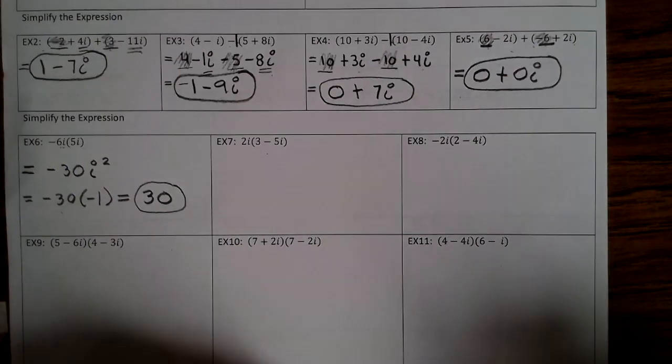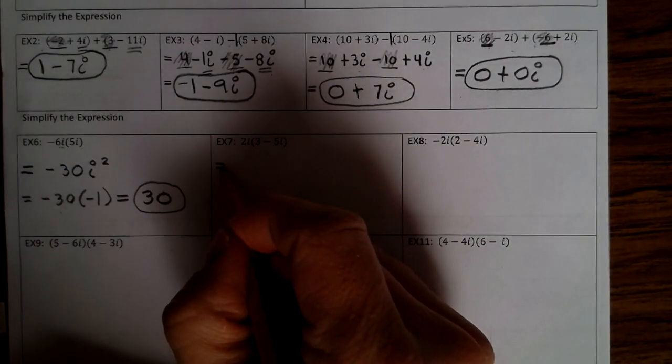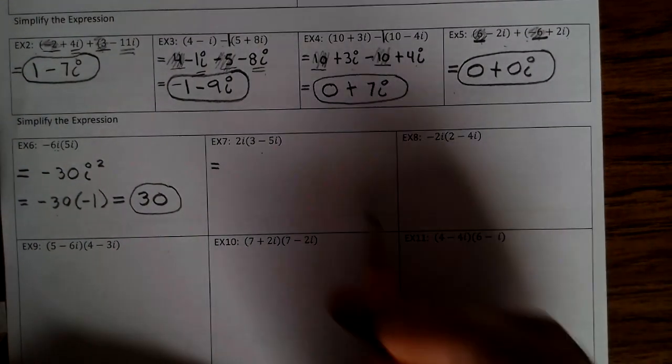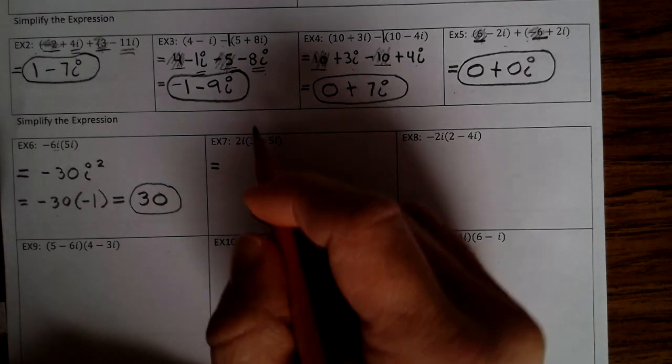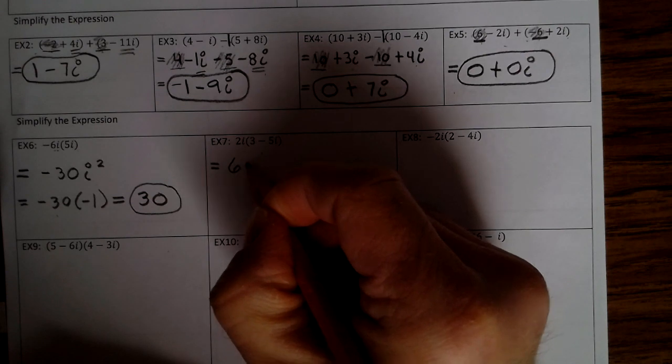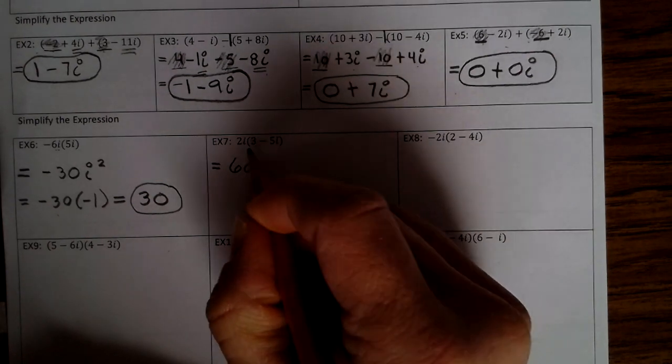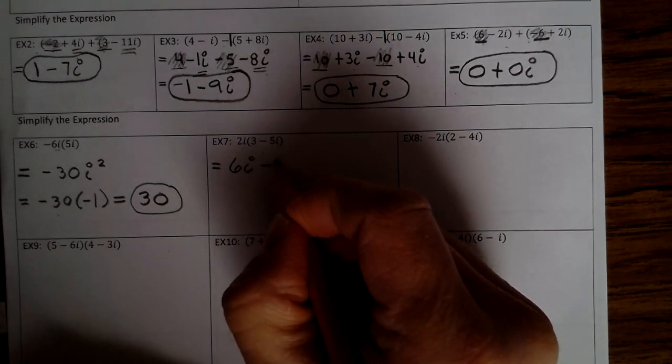All right, example 7. So we distribute 2i times 3 and negative 5i. So 2i times 3 is 6i. 2 times negative 5 is negative 10. i times i is i squared.